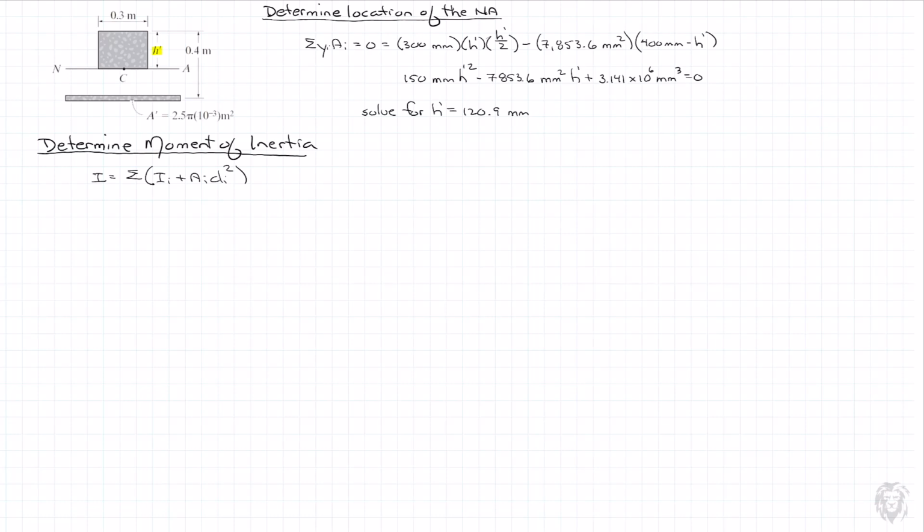And so we have two components. We have the transformed concrete, if you will, or transformed steel represented by material, and then the concrete in compression at the top. So let's do that. We'll start with the one at the top. And so the first one, of course, it's a rectangle, so b h cubed over 12.